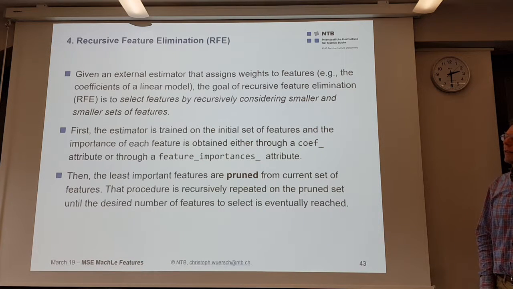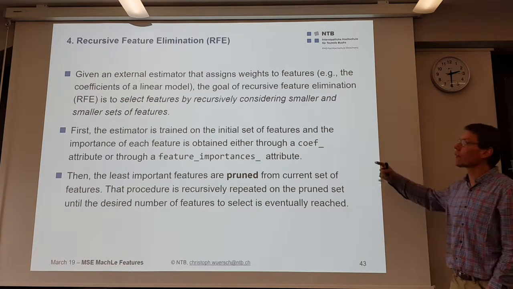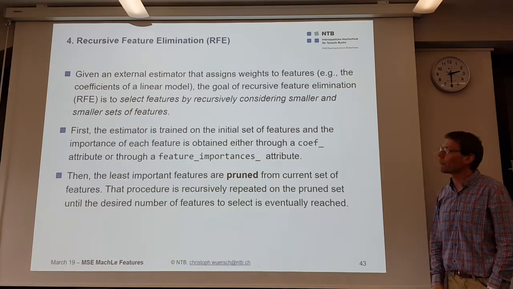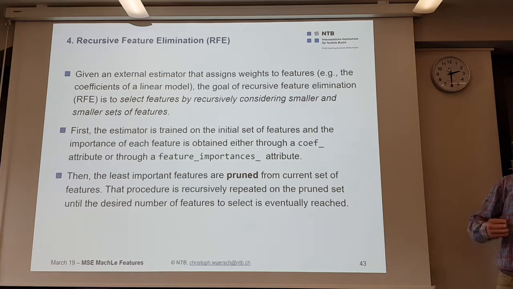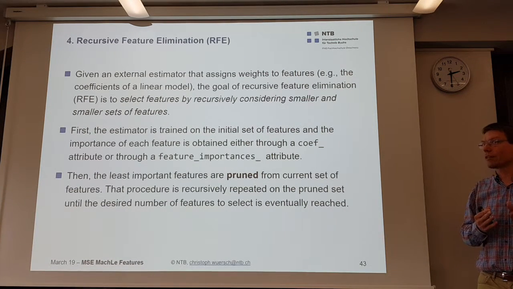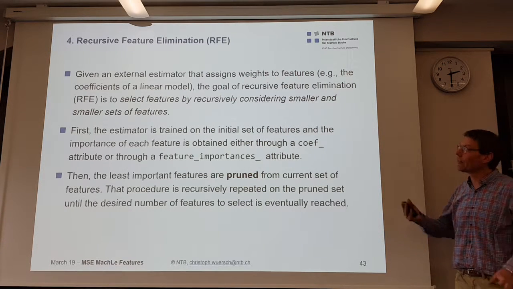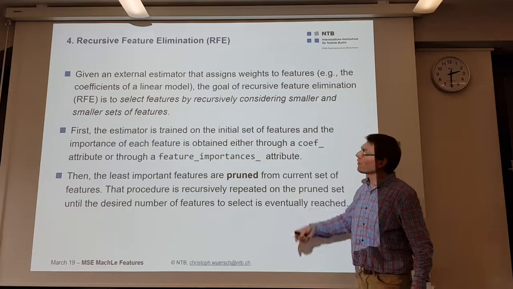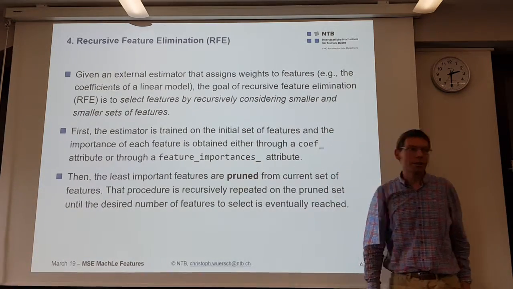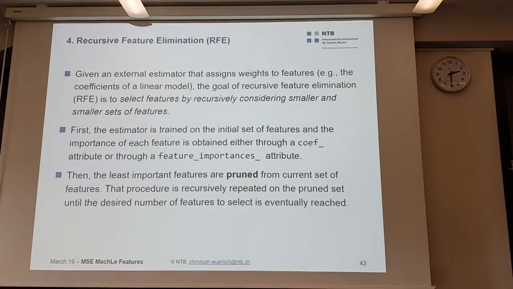So we look at still smaller sets of features, and train the estimator, the regressor, again with fewer features. And so we get a ranking of the features. We first pick out those that contribute the least to our accuracy, and then we do the same again. And it's already implemented in different learners.